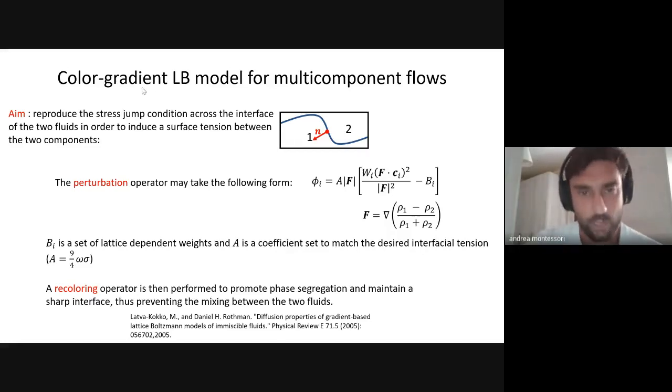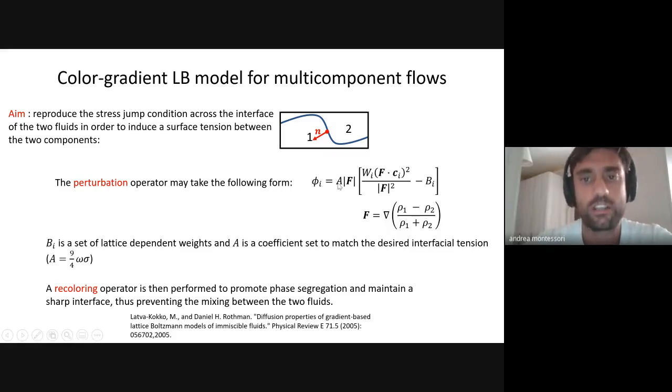Anyway, the perturbation form which I implemented takes this form. The source term phi is basically proportional to F, which is the color gradient, or the gradient of a scalar field, the phase field, which is reported here.